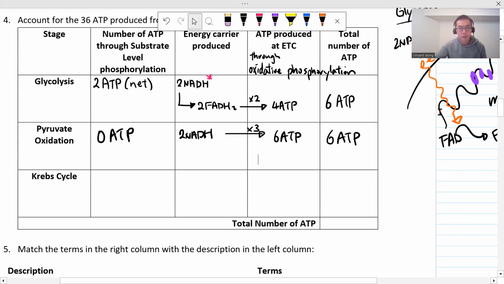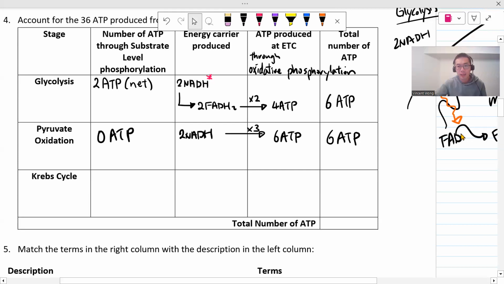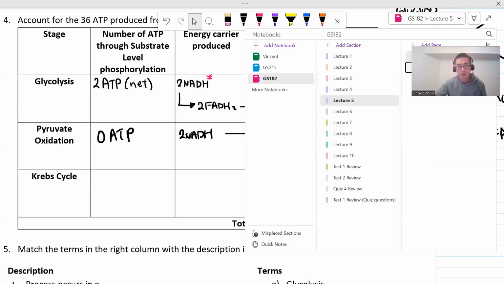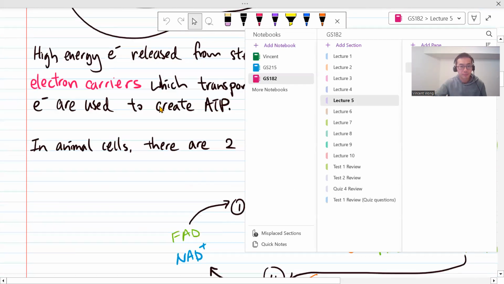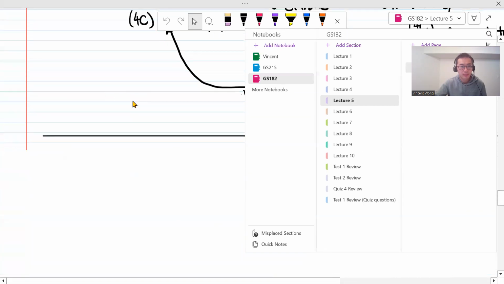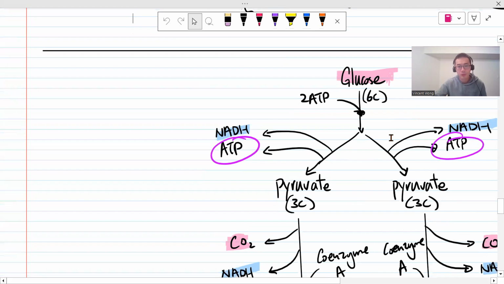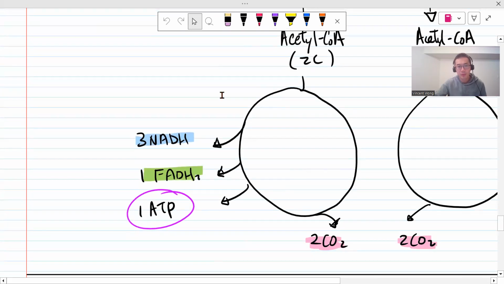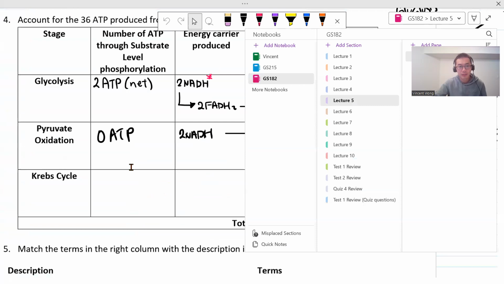Okay. For the Krebs cycle, how many ATPs do we make directly? Look at that sheet that I created with you last time. Look here, the glucose, pyruvate, and then it goes through the Krebs cycle here. So look at these numbers, and we're basically putting it back here.